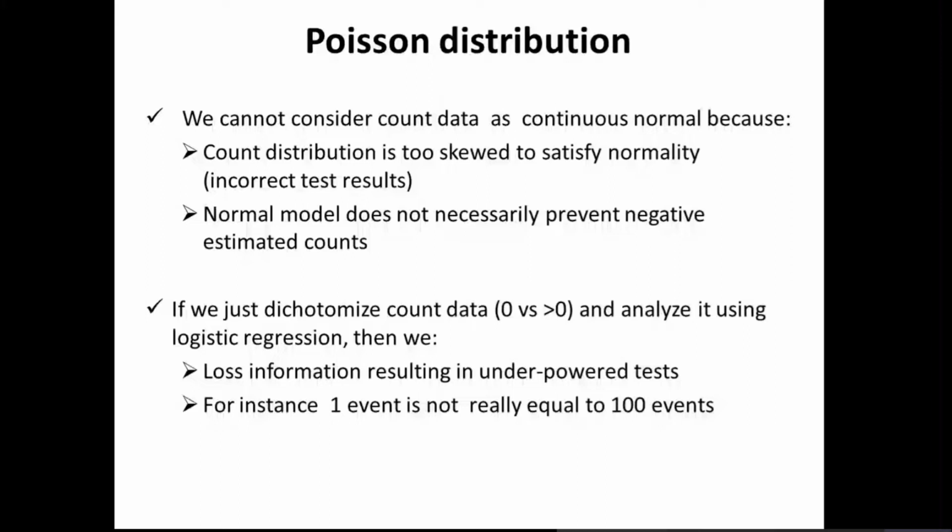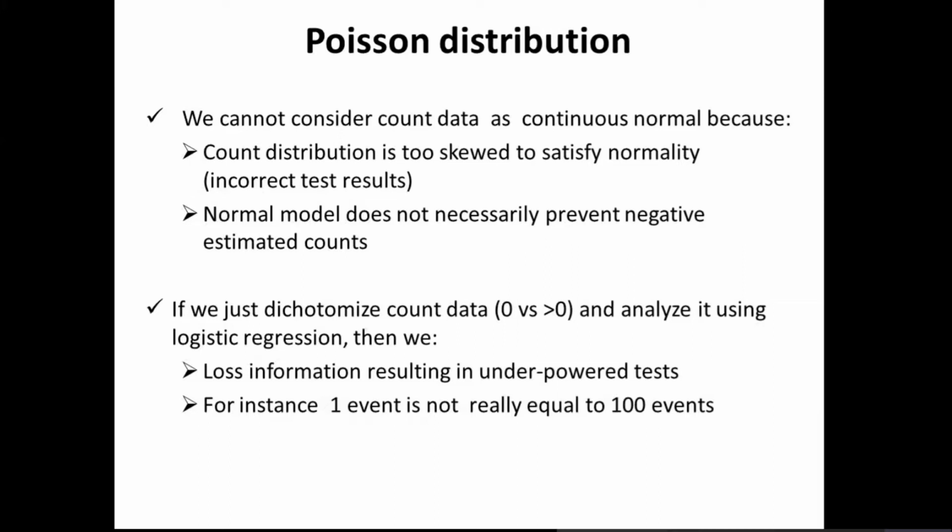That is not true for Poisson outcomes, because Poisson outcomes are always non-negative. So it is not appropriate to use count data with a Gaussian, or normal, distribution.